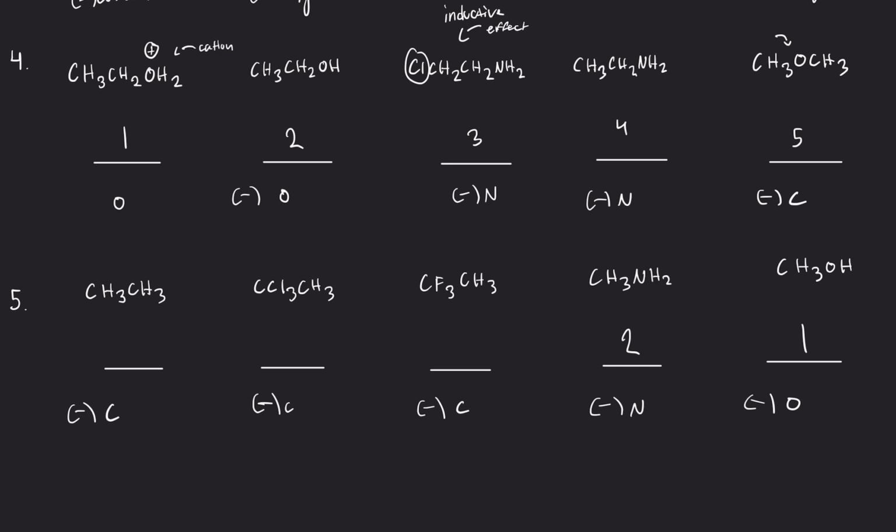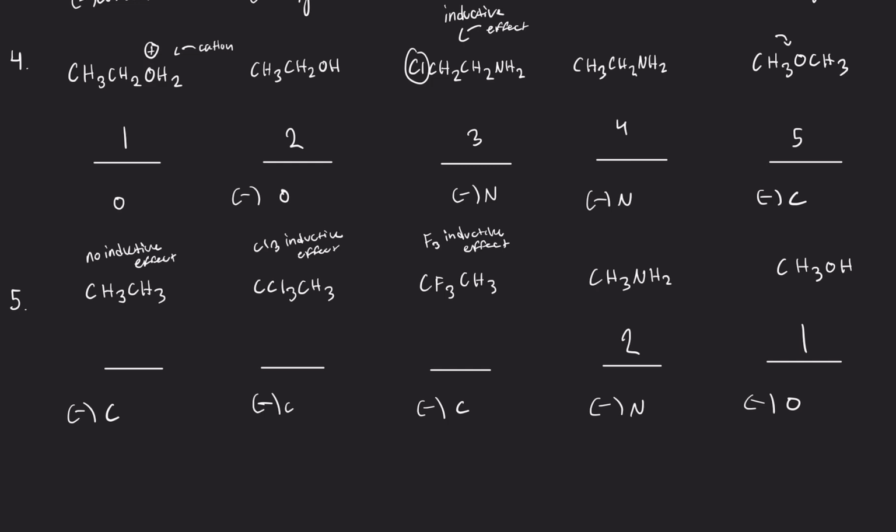Actually, 2 of them have the inductive effect, 1 of them does not. So this has no inductive effect. This has the Cl3 inductive effect. And this has the F3 inductive effect, fluorine. As we said before with the inductive effect, they're usually halogens.